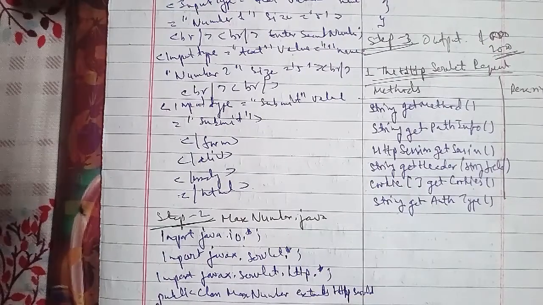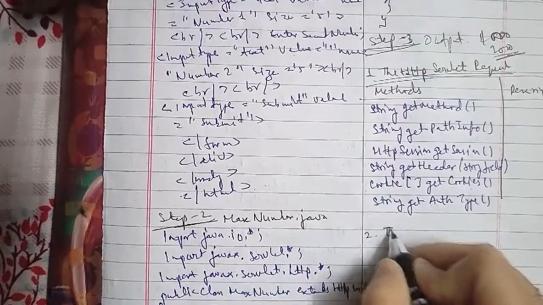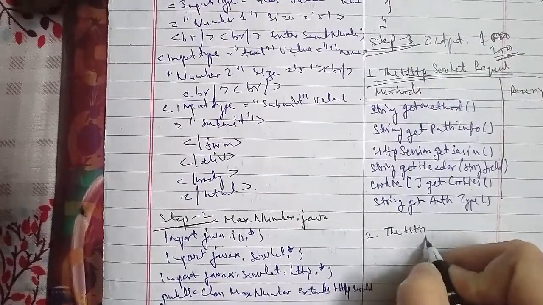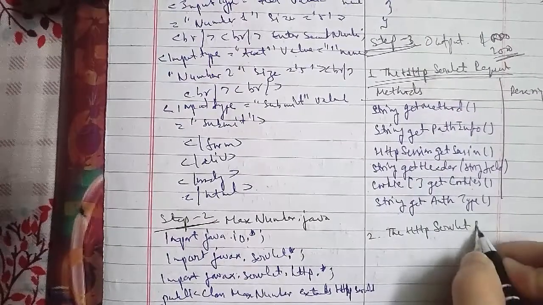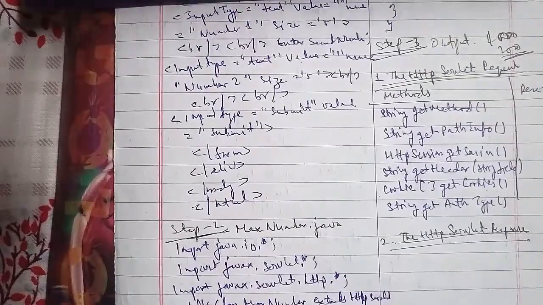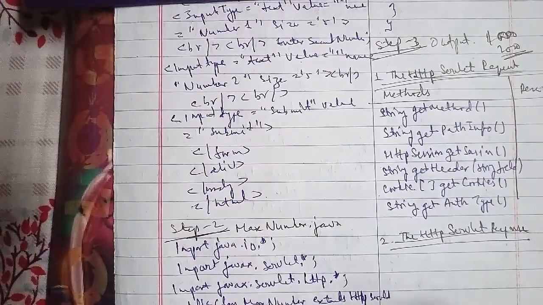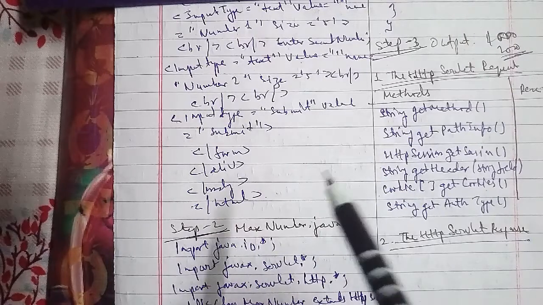Another one we have is boolean containsHeader, that is a string f. Here this method returns true if the response header contains the field f. The next we have is void sendError, that is int code. This method sends an error code to the client.